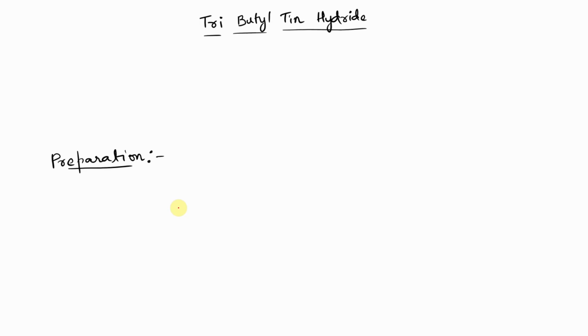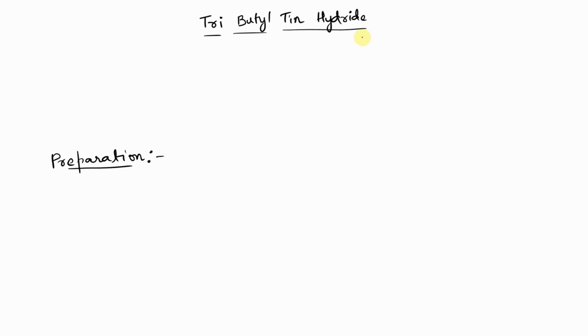So in the complete video, we are going to discuss tributyl tin hydride and its applications. Whenever I write down the reaction and the reagent tributyl tin hydride, I might be writing TBTH. So don't get confused with tertiary butyl tin hydride. So this is tributyl tin hydride.